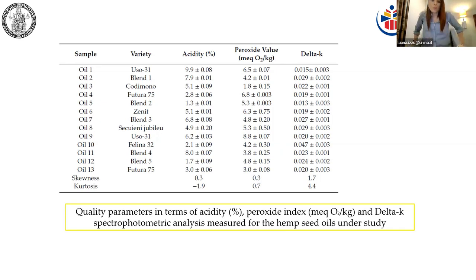In the case of olive oil, we have a regulation about the percentage of acidity, peroxide value, and the delta-K value, but there isn't a regulation which sets quality parameters for hemp seed oil, because at the moment we haven't a large number of studies which support the possibility of having a regulation on hemp seed oil and its quality parameters.